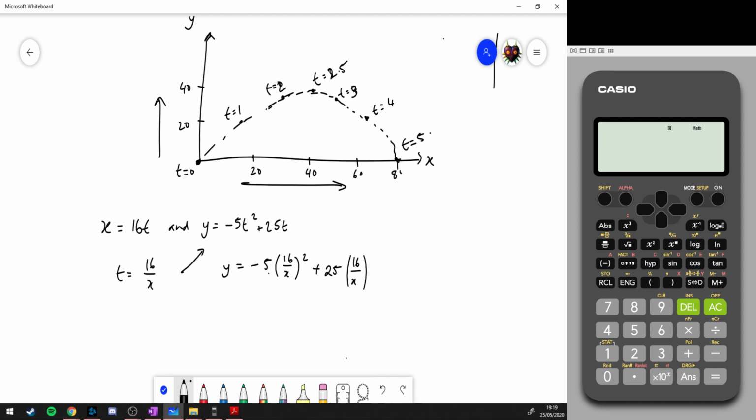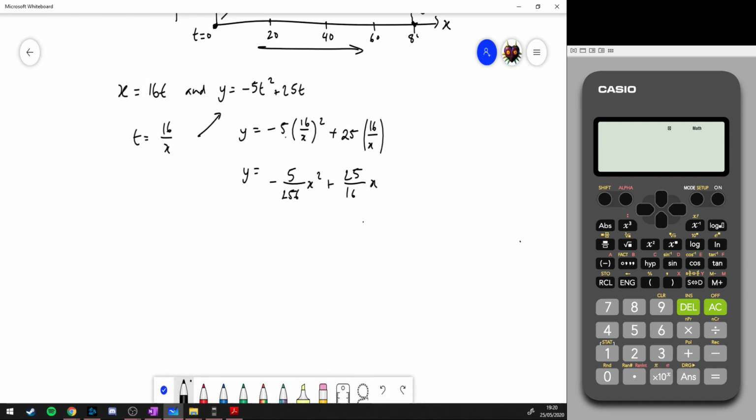We do some rearranging, multiplying and dividing, and we get minus 5 on 256 x squared plus 25 on 16 x. Or if we put it all under the same denominator of 256, because 16 goes into 256, we get y is equal to minus 5x squared plus 400x, all over 256.